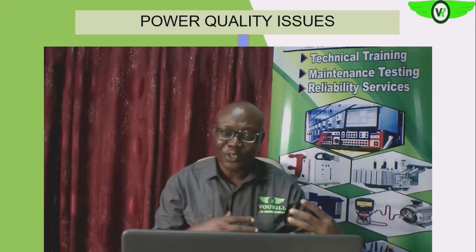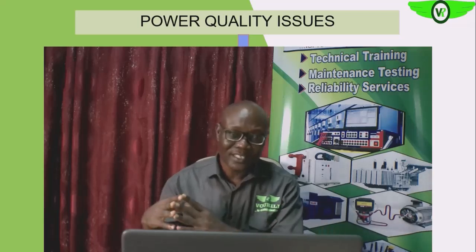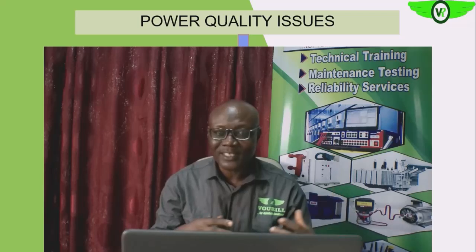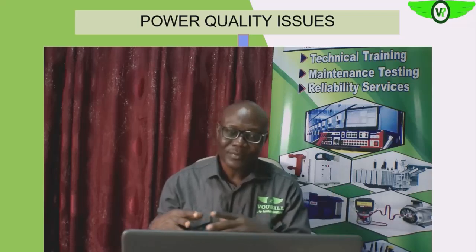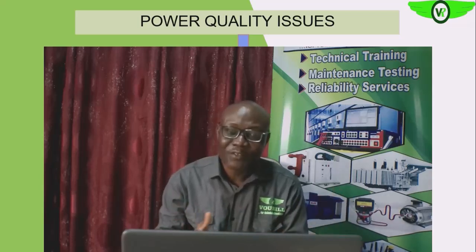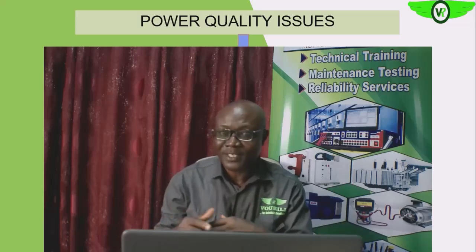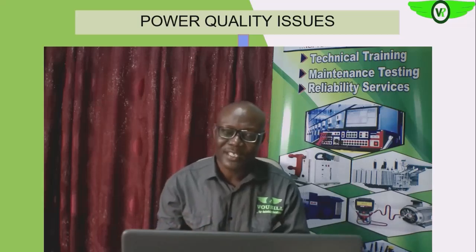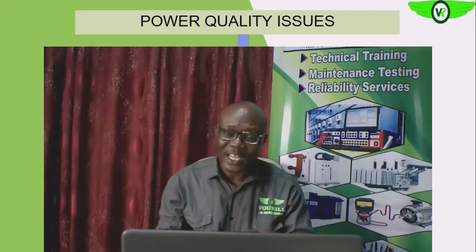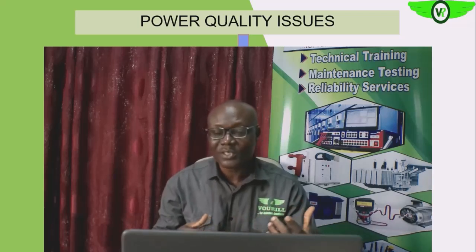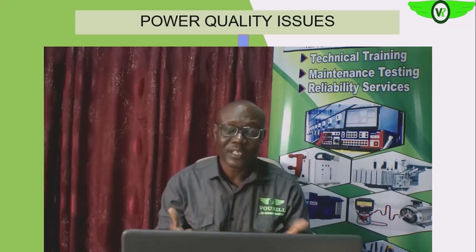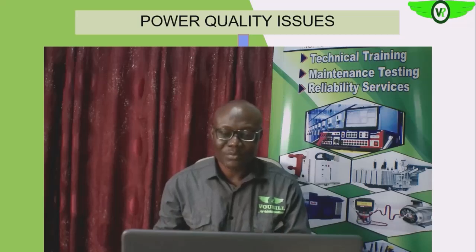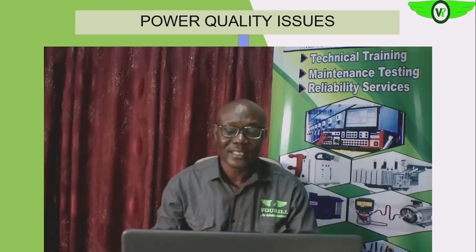Then if production is in process already, the materials that have been prepared for the next stage of your production process may be wasted. Are we getting it? So these flickers can also cause similar effects on the electric motor system. So we want to guard against this.